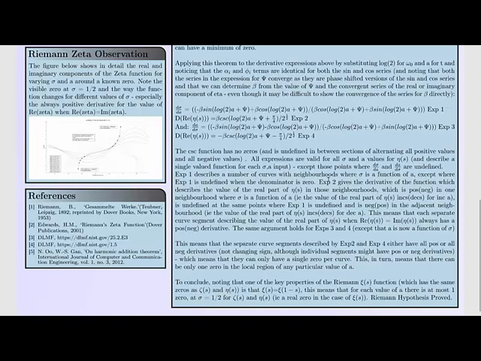Expression 2 gives the derivative of the function which describes the value of the real part of eta in those neighbourhoods, which is positive in one neighbourhood where sigma is a function of a, i.e. the value of the real part of eta increases for increasing a. I've got the opposite case in brackets, of course.